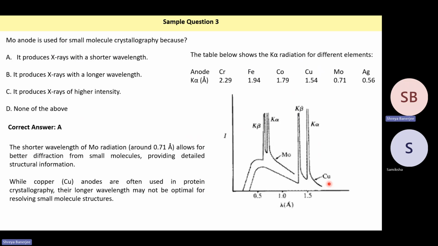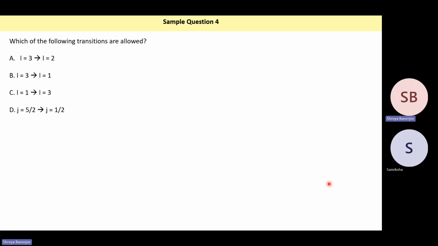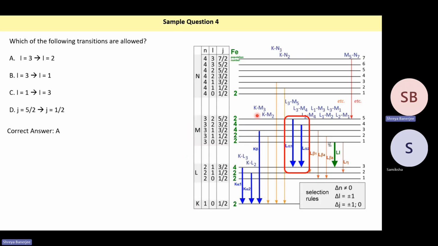Then you have a question: which of the following transitions are allowed? So here I will mention the selection rules for electronic transition. One I think I already discussed in the beginning. The quantum numbers are basically n, the principal quantum number, which is 1 for K shell, 2 for L shell, 3 for M shell, and so on.